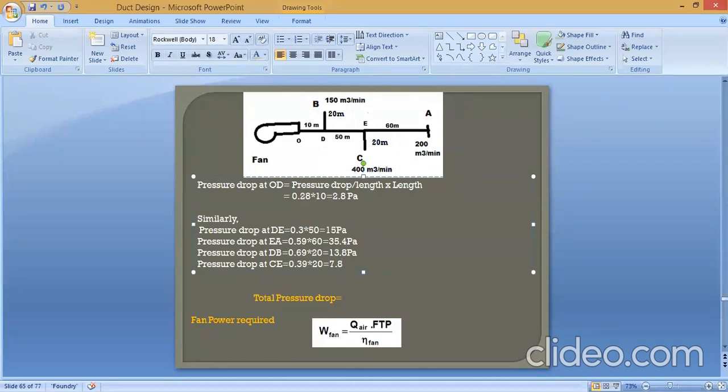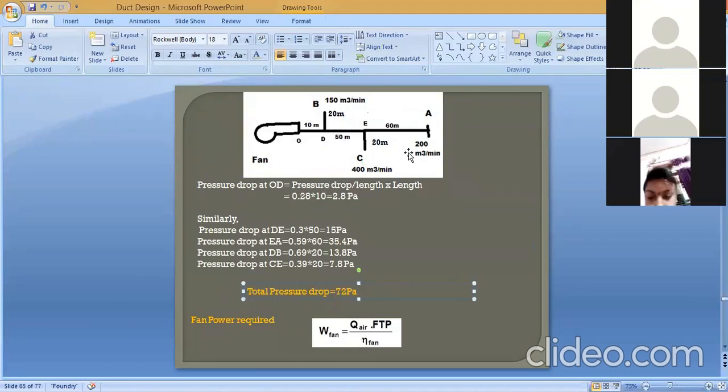So total pressure drop is 72 Pascal. This is what they ask us to calculate, the total pressure drop in the duct.